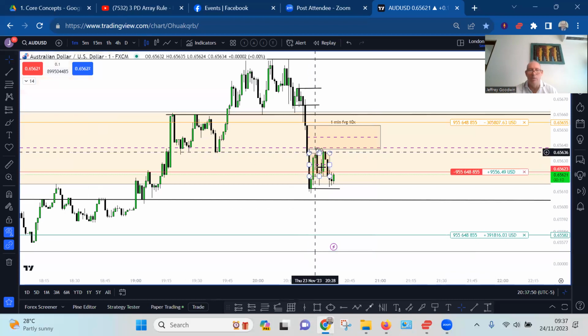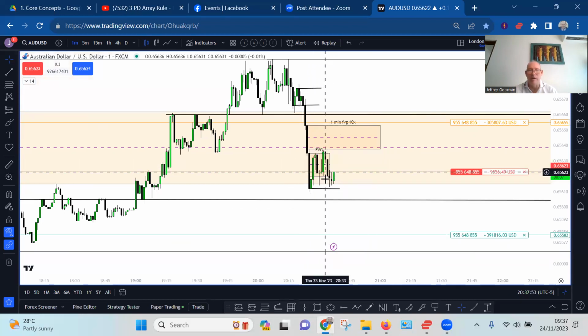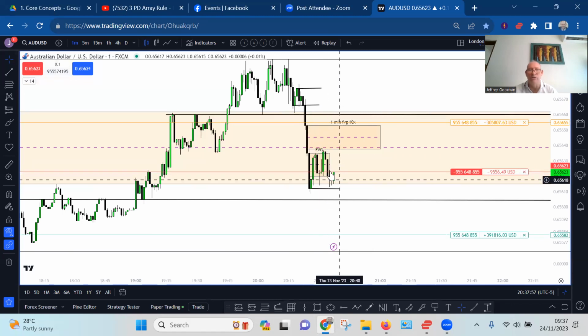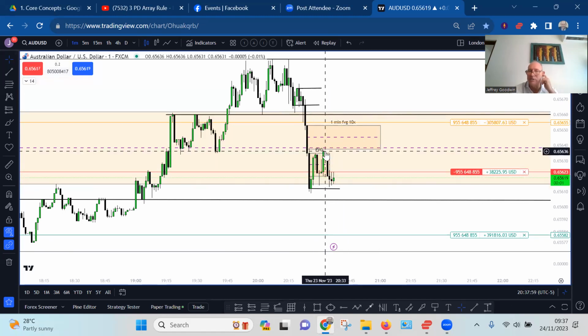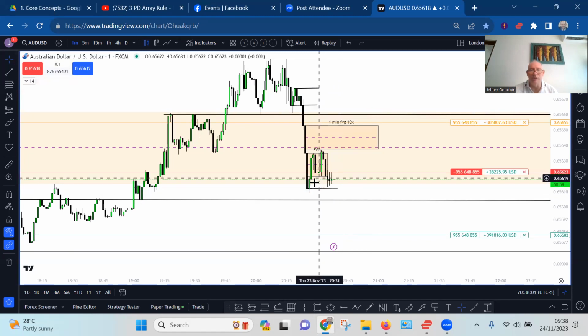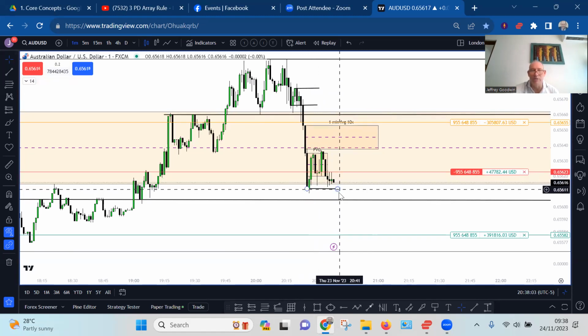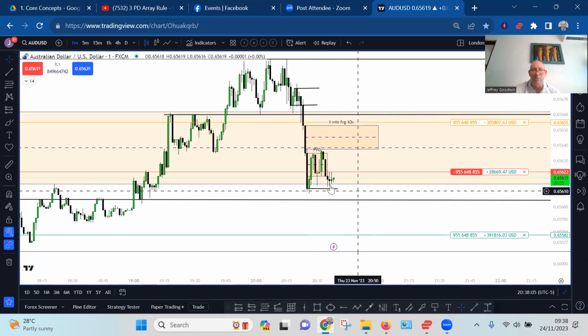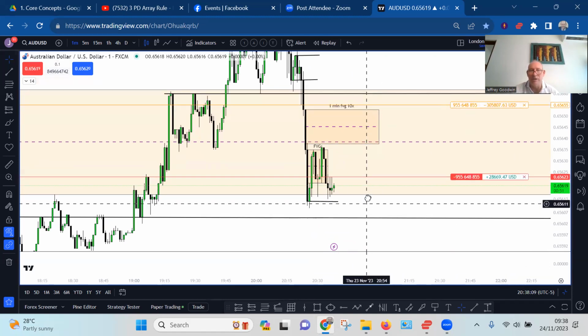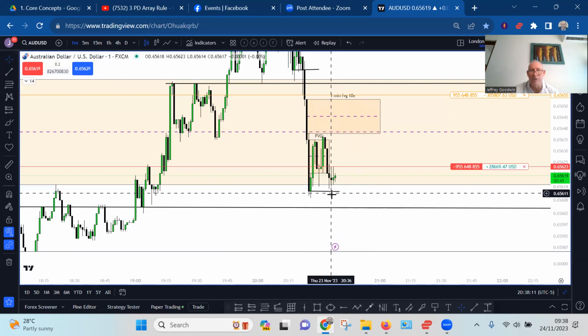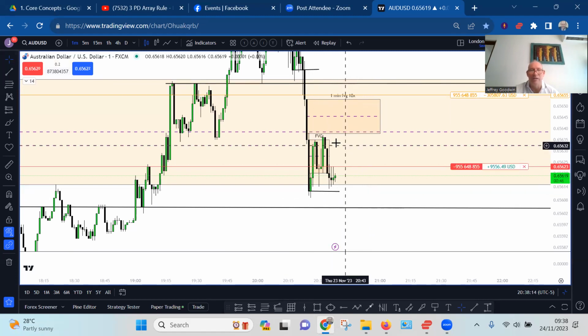Right now, we're going over this fair value gap. What we're doing is we're accumulating orders, buyers, and sellers. Because of this here, we should do a little nose through there, probably then go back up. So what you could do, if you do see it going down here and it puts its nose through, you could take the profit there.